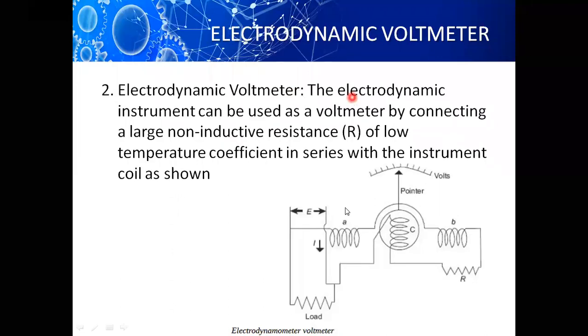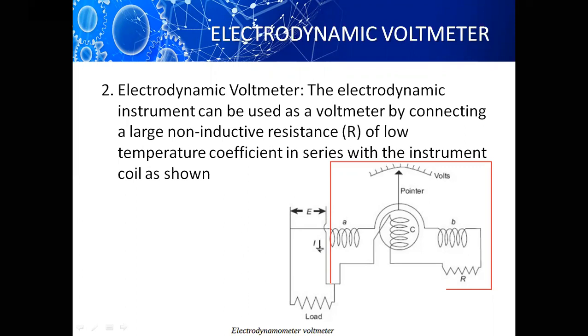So here we have the meter, and we have to connect the meter in parallel. This is our meter, and here we have a junction. This is our load, and here is our supply. The supply is connected to the load.